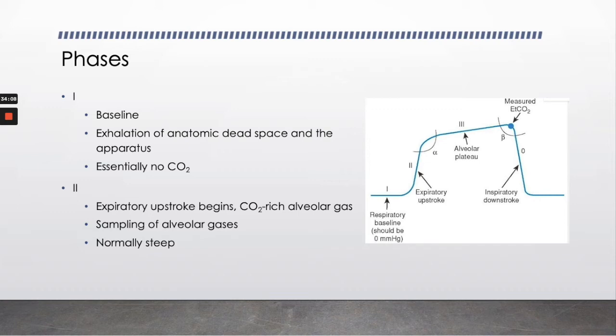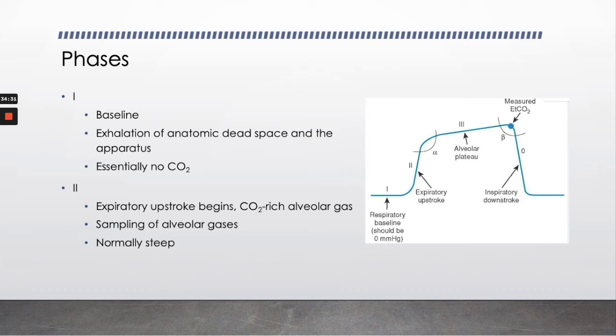Now, this upstroke can become slanted if the exhaled gas flow is partially obstructed, or if the side stream analyzer is sampling gas too slowly, so if it's aspirating at a slower rate or malfunctioning, or if the response time of the capnograph is too slow for the patient's respiratory response.